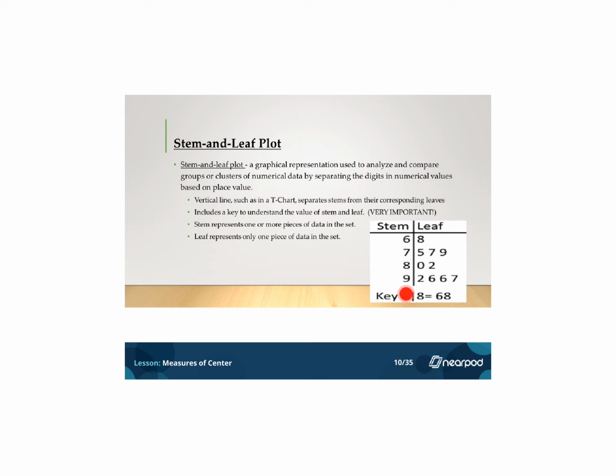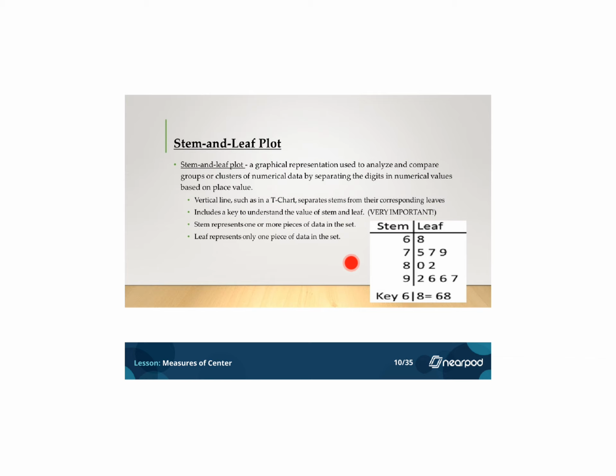As the key says down here, 6, and the line 8 means 68. 7 and this line with the 5 means 75. 7, then the line, and then the 7 means 77. 7 with this line, then the number 9 means 79. So on. So this means 80, 82, 92, 96, 96, 97.